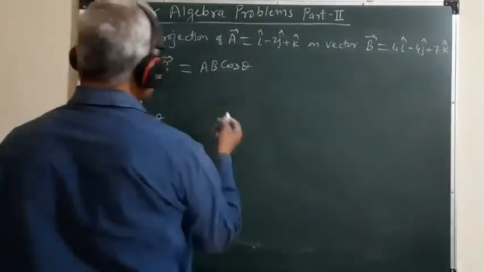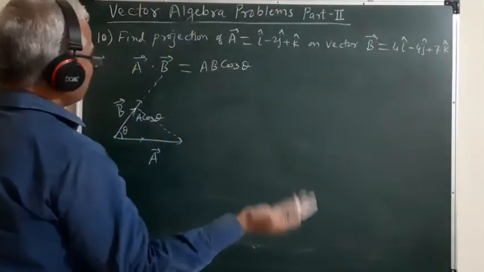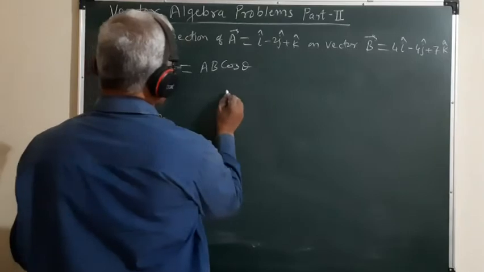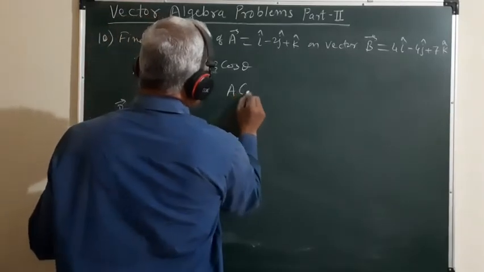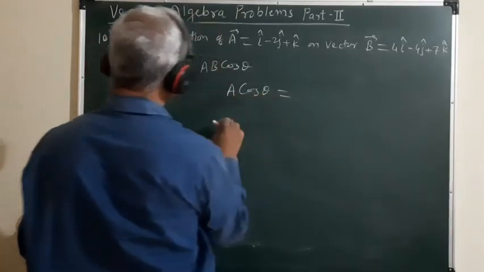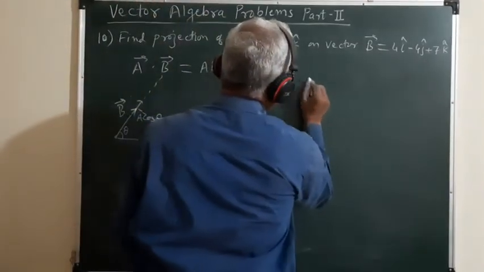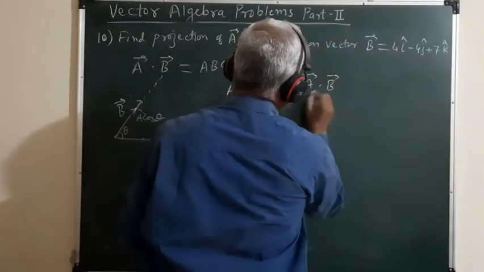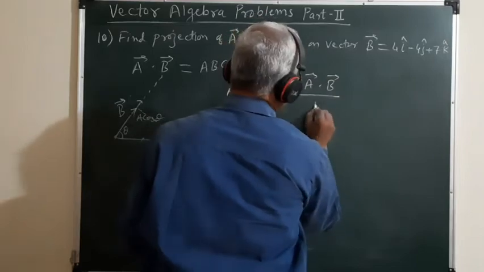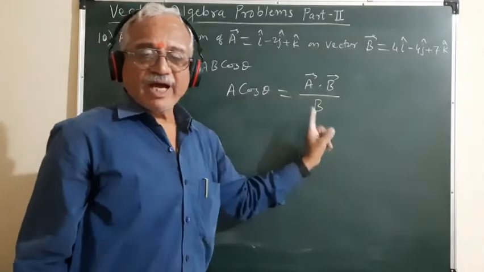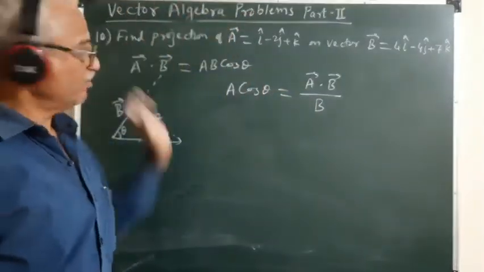So from this we get the expression for A cos theta equal to A bar dot B bar divided by B, where B is the magnitude of the vector B bar.